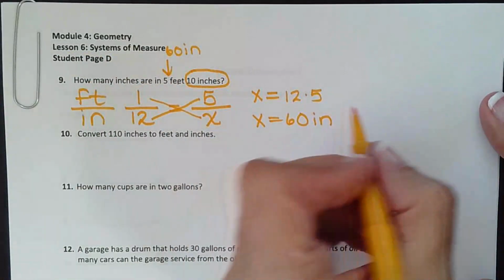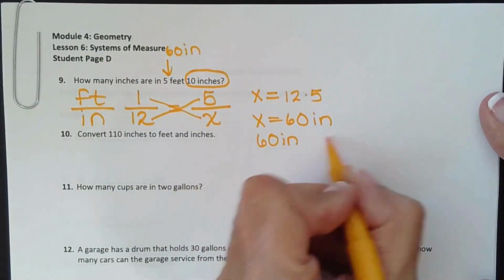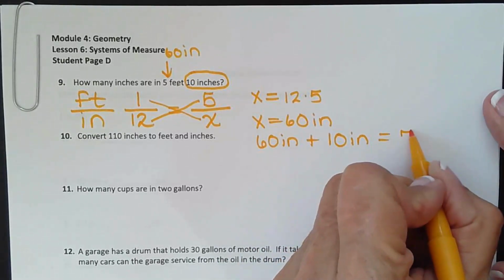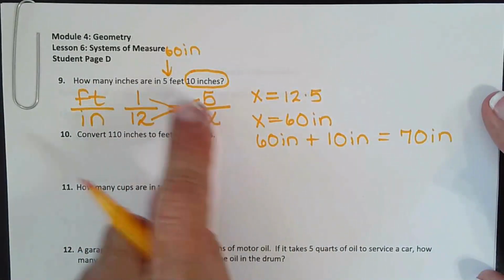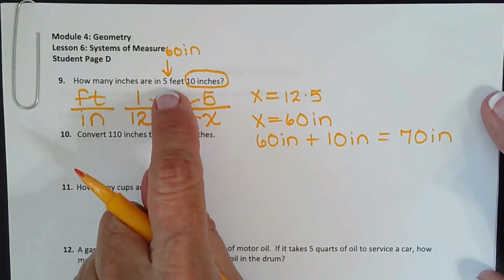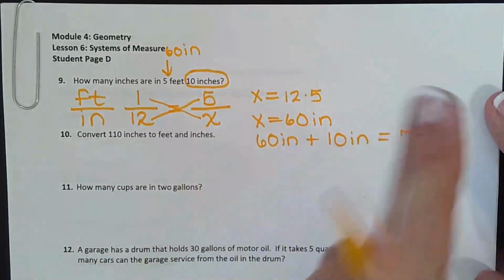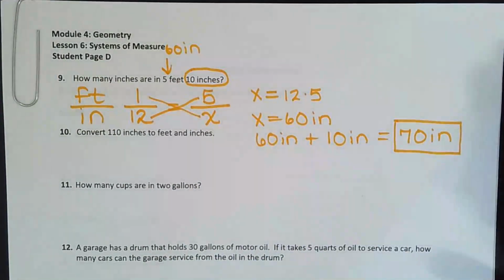So 60 inches plus 10 inches gives us a total of 70 inches. Because they didn't just ask us how many inches are in 5 feet. They asked us how many inches are in 5 feet, 10 inches. So 60 plus 10, 70 inches. Pretty nice, right?